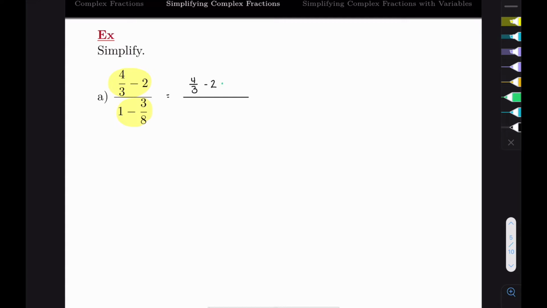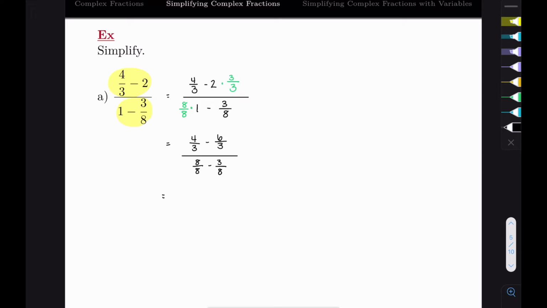To get a common denominator, we would have to multiply it by 3/3. In the bottom, we have 1 minus 3/8. To make it a single fraction, we'd have to multiply the 1 by 8/8. And so what this gives us is 4/3 minus 6/3 in the numerator, and then 8/8 minus 3/8 in the denominator.